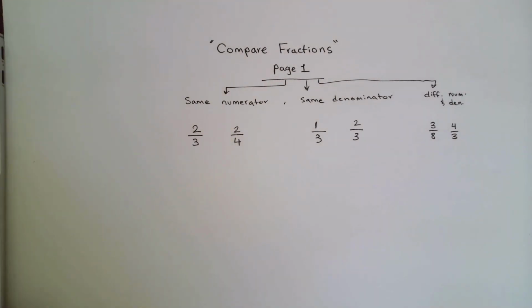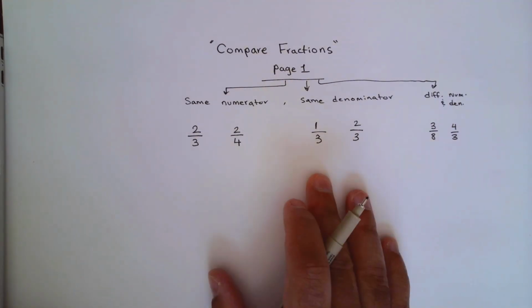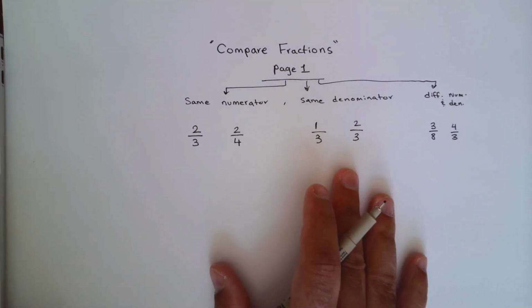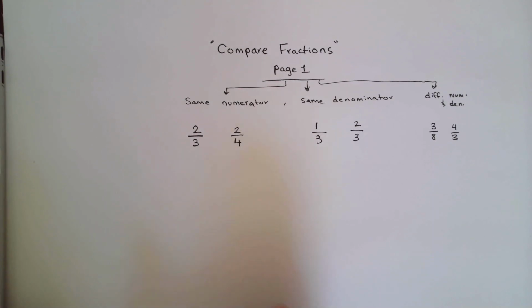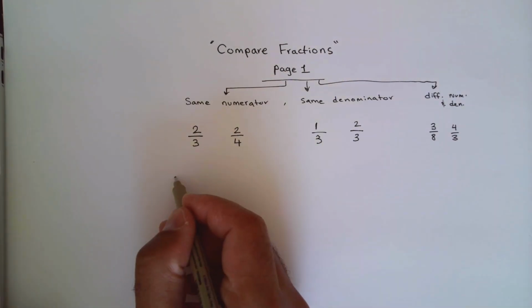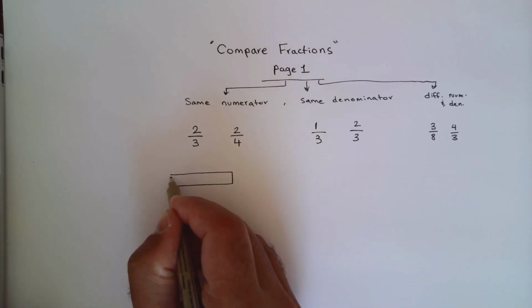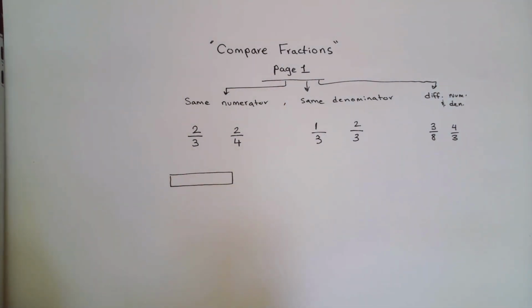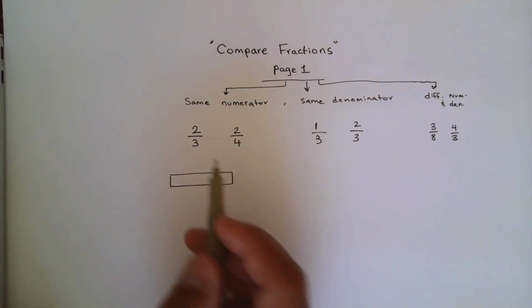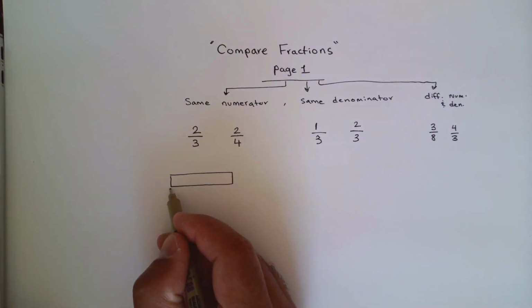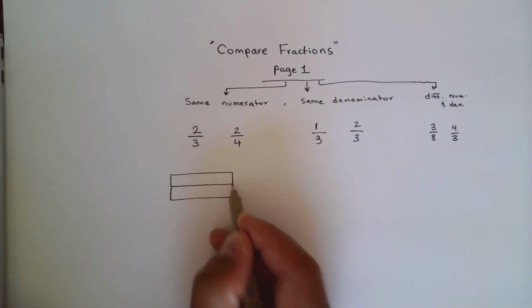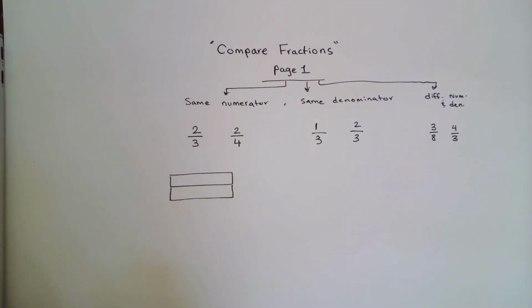So when you have any fractions, you have to remember what fractions are. And fractions are parts of a whole. Okay, fractions, they all belong to a whole. They are part of something. Okay, so when we have two fractions, we have to draw two rectangles, one for each fraction.